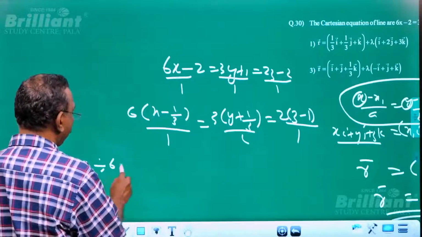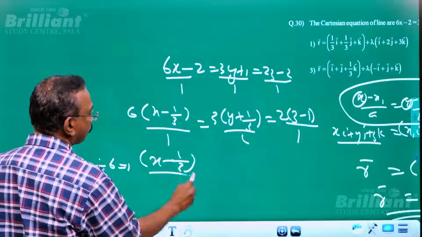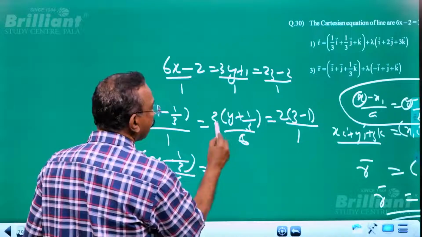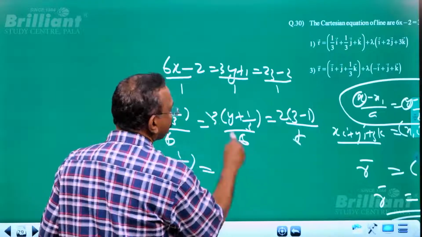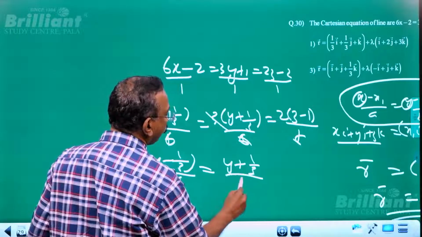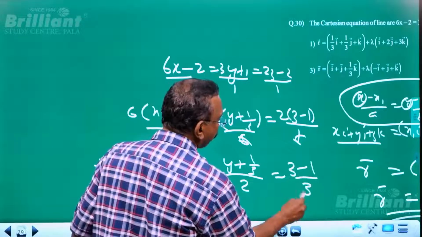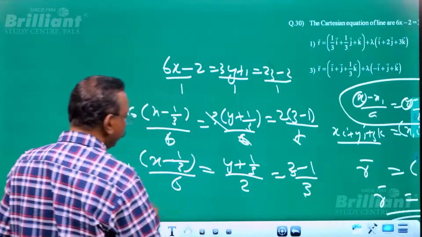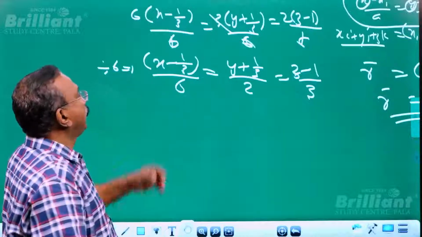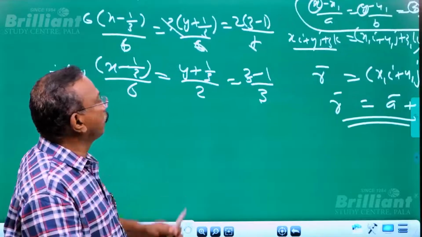Dividing by 6 implies x minus 1 by 3 divided by 6, then you can cancel and you get 2. So y plus 1 by 3 divided by 2, and here z minus 1 by 3 is there. So this is the equation: x minus 1 by 3 over 6 is equal to y plus 1 by 3 over 2 is equal to z minus 1 by 3.